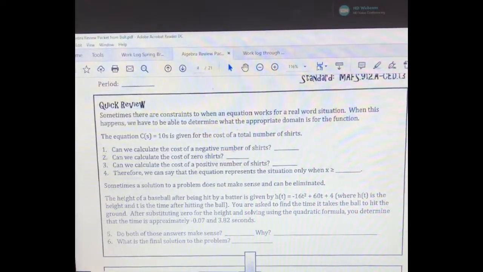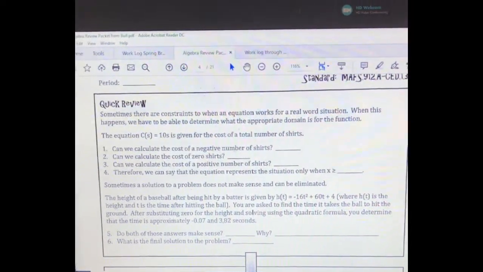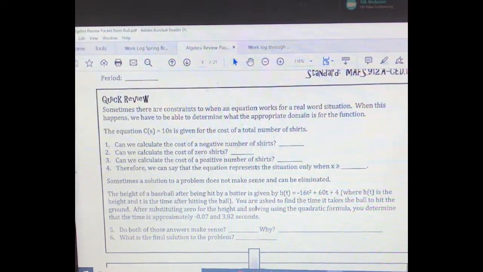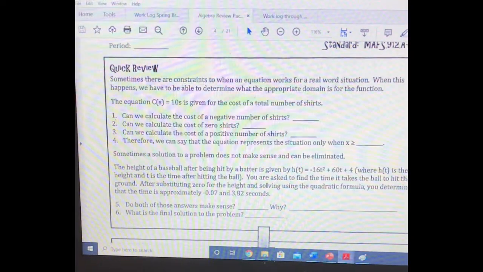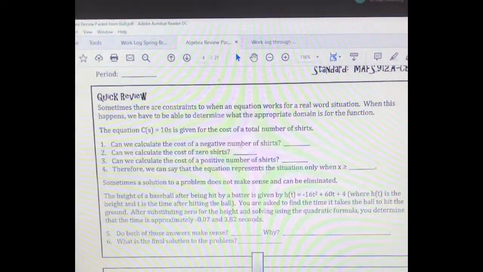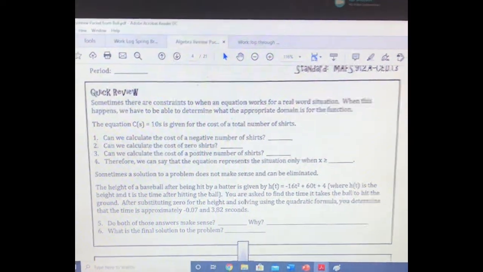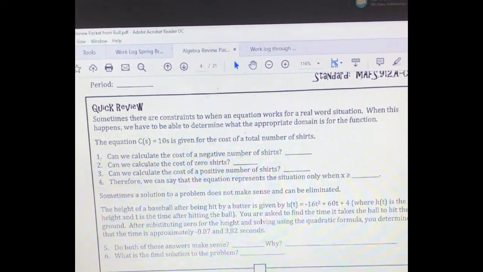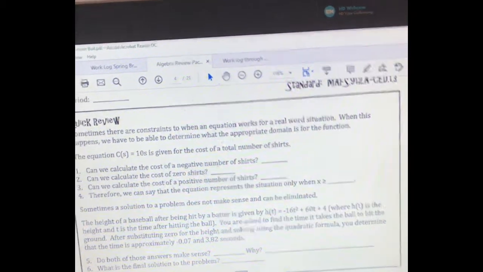After substituting 0 for the height and solving using the quadratic formula, you determine that the time is approximately -0.07 and 3.82 seconds. Do both of those answers make sense? No. Why? Because you cannot have a negative number of seconds. So the final solution to the problem is just 3.82 seconds.